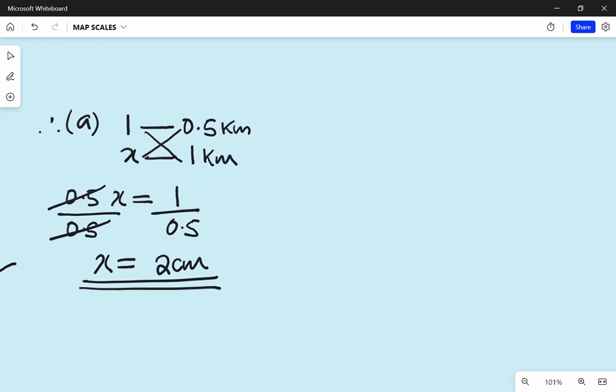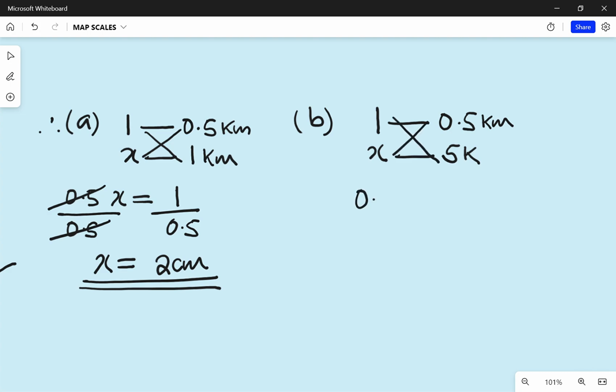Part B, we have already converted 1 to 0.5 kilometers. What about 5 kilometers? So it will be x. Are you seeing that? So cross multiply. I'm going to have 0.5x is now going to give me 5.